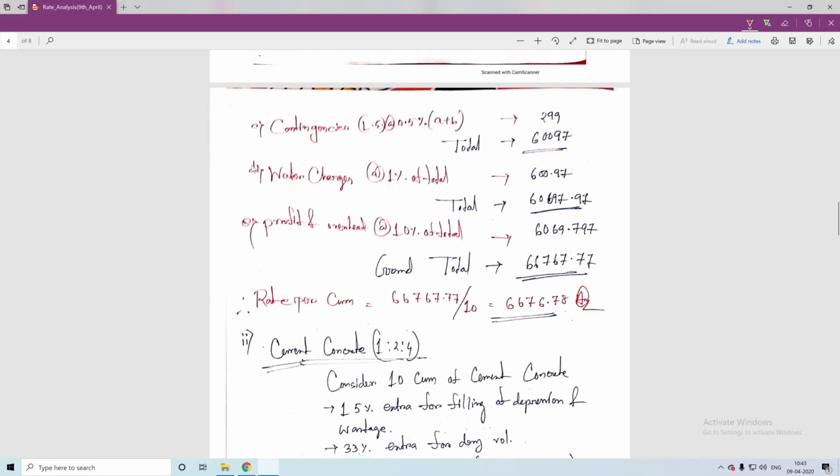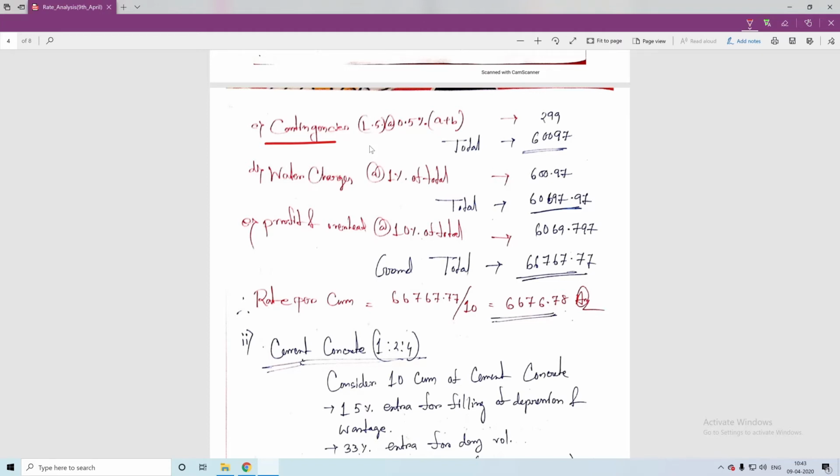Okay, now contingencies. What is this? Look, when I am going to start a project, initially we consider the rates, but at the time of completion or during the project there might be some rise and fall in the price of each and every material.